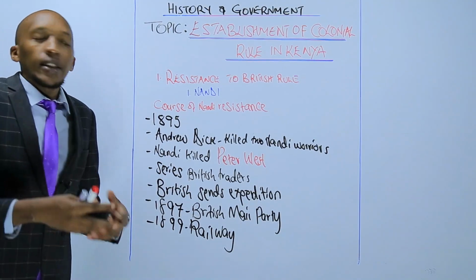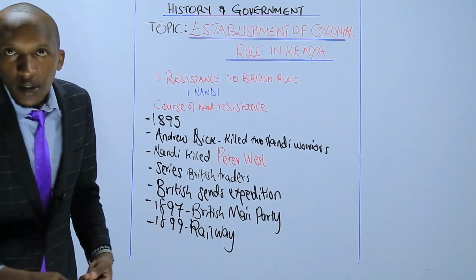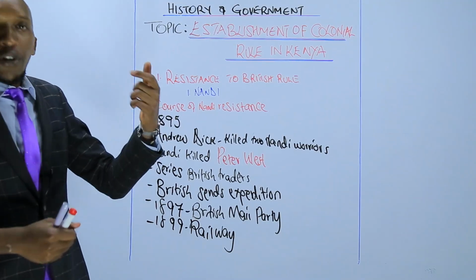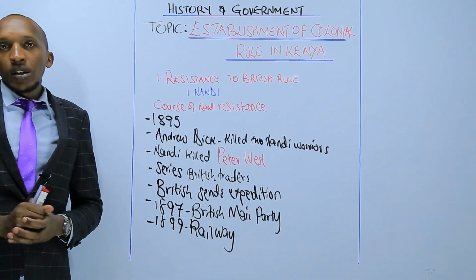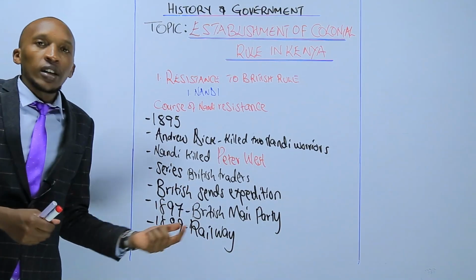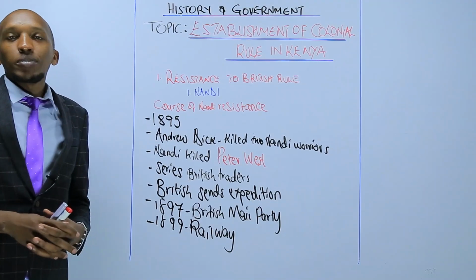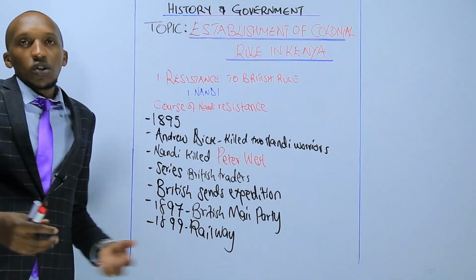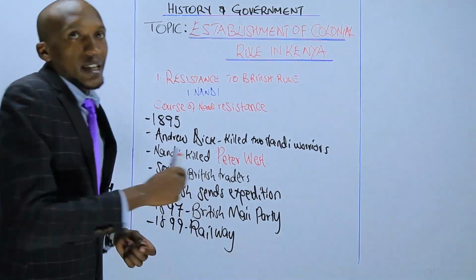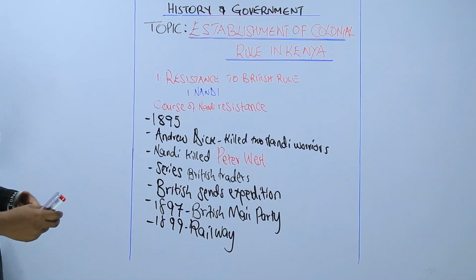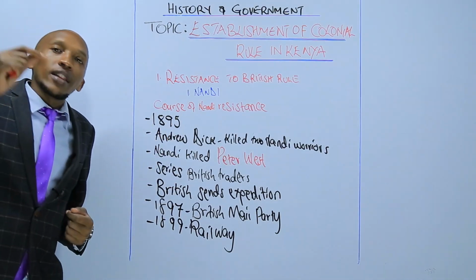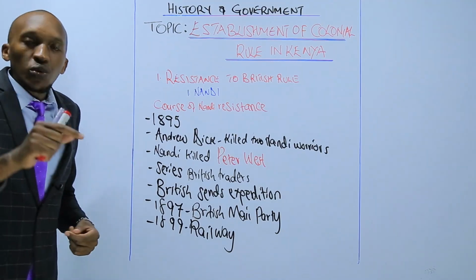So when the Nandi saw the railway entering their territory, they saw what had been prophesied earlier by Kimnyole, and this made them even more furious, because they had discredited Kimnyole as being a witch, or his prophecy as not being true. But now they saw it coming. They saw the rail entering their land. So they intensified their fight. They now fought even more, because they did not want that rail to pass through their territory.